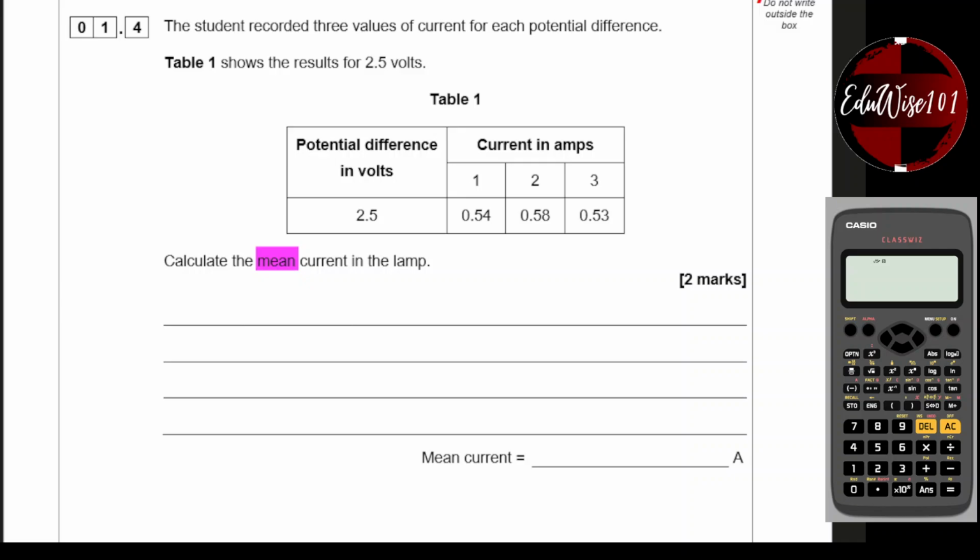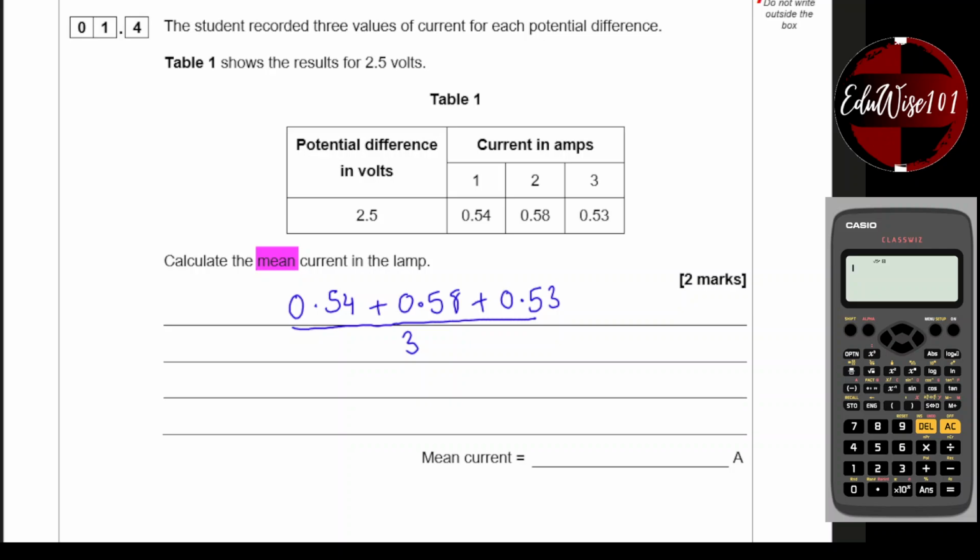You would add all 3 numbers: 0.54 plus 0.58 plus 0.53, and then you would divide by the number of values, which is 3 here.